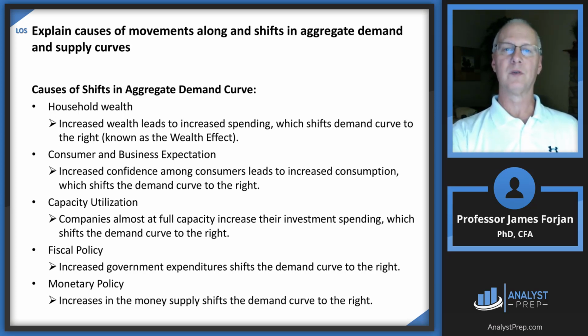And this is a really important one, because if somehow I knew that I was going to get, let's just have some crazy number here, if I knew I was going to get a $25,000 raise next year, I'd probably start spending today, or at least I'd think about spending today. So those expectations are critical in determining shifts in aggregate demand. How about capacity utilization? Go back to my donut factory example, and then fiscal and monetary policy.